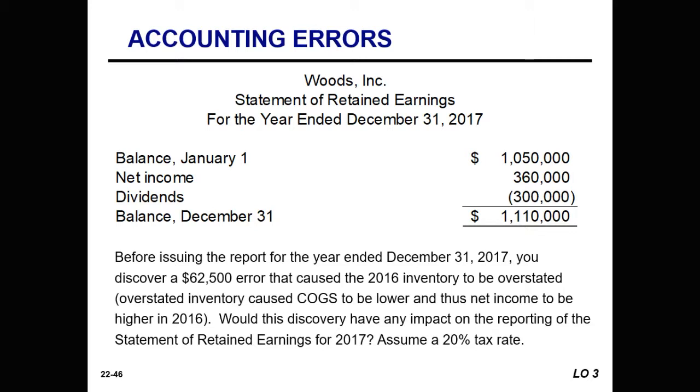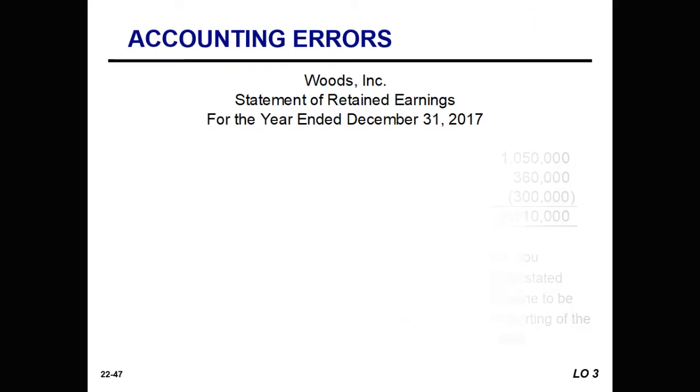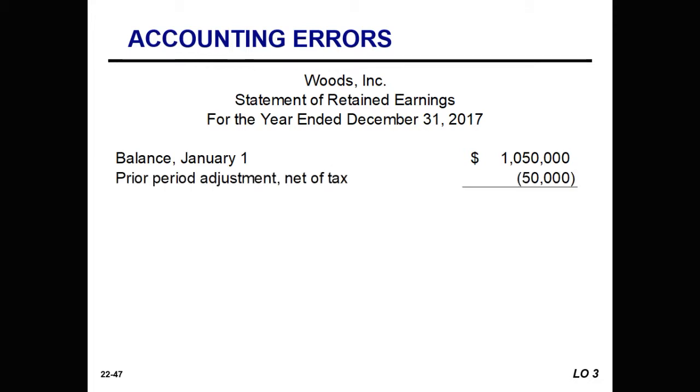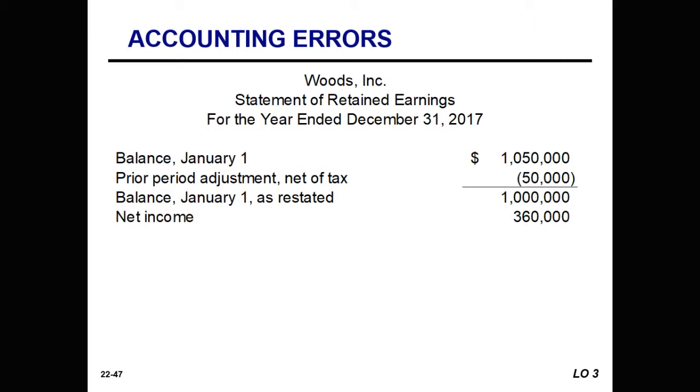Yes, it would. And we're going to assume that there is a 20% tax rate. We start with our $1,050,000 balance from January 1st. We recognize a prior period adjustment net of tax of $50,000, giving us a new balance on January 1st restated of $1 million.